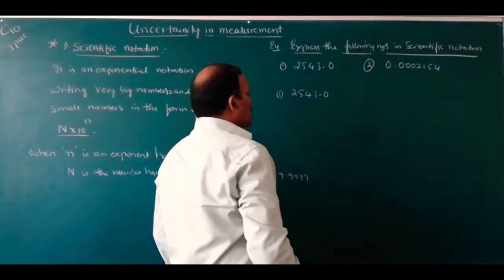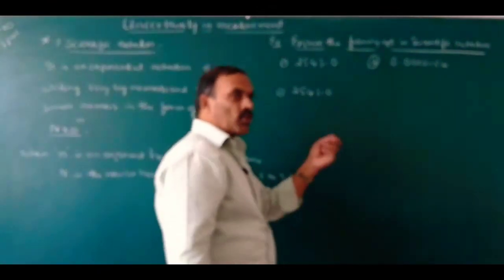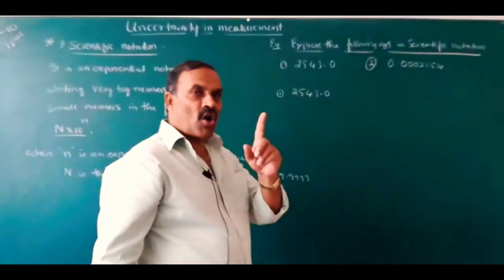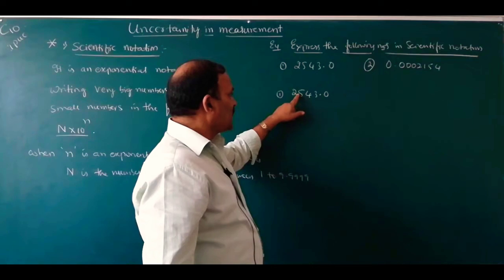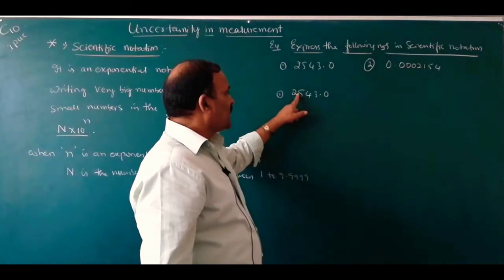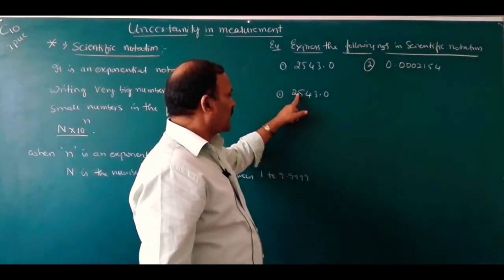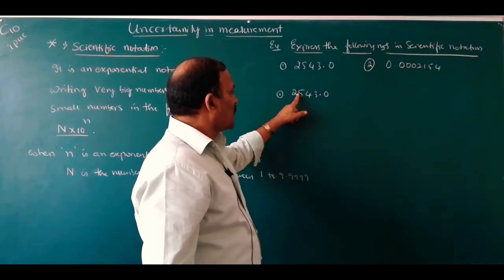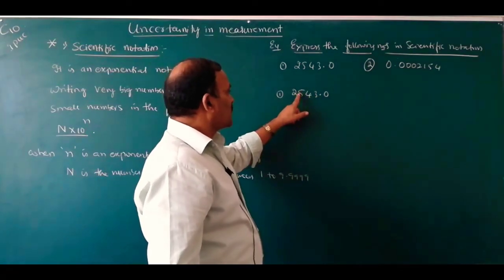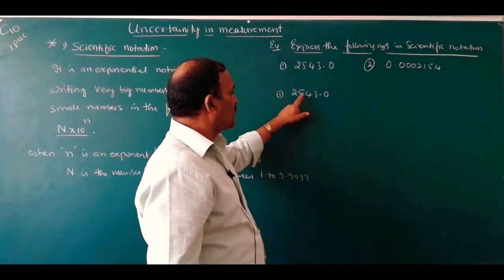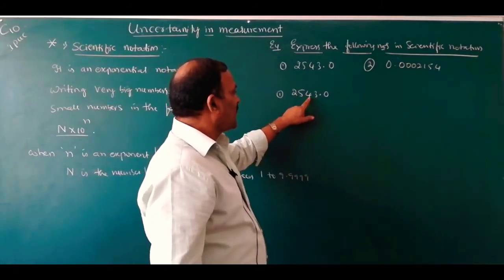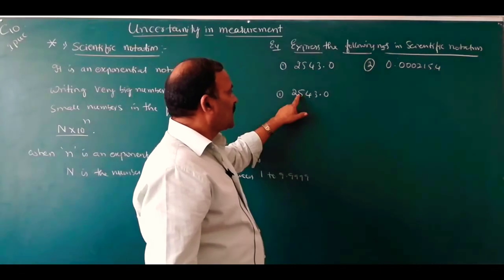In scientific notation we have to put the decimal point after one digit. So after one digit means this is the place where the decimal point has to be written. To put the decimal point here, how many digits do we have to shift towards left? We have to shift 3 digits towards left.